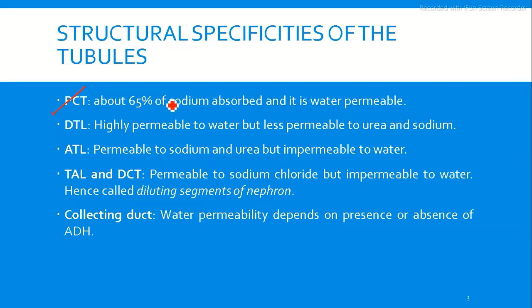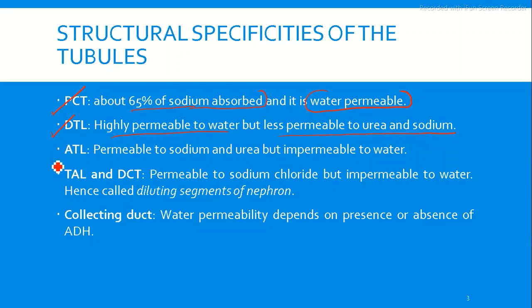About 65% of the sodium in the tubular fluid is absorbed in the PCT, and the PCT membrane is water permeable. Then we have the descending thin limb, which is highly permeable to water, but less permeable to urea and sodium.